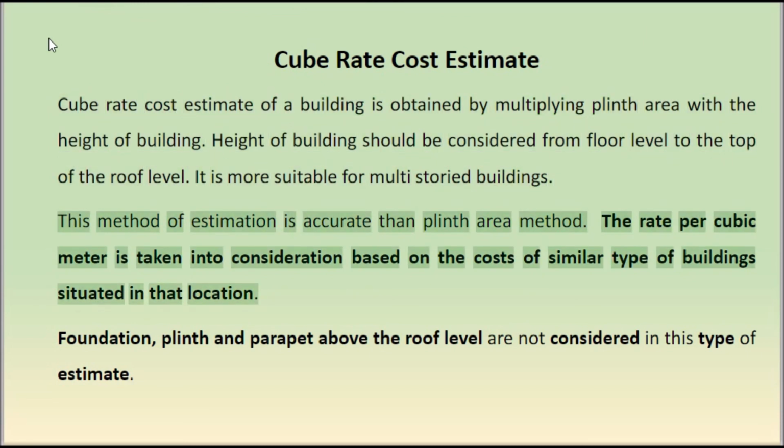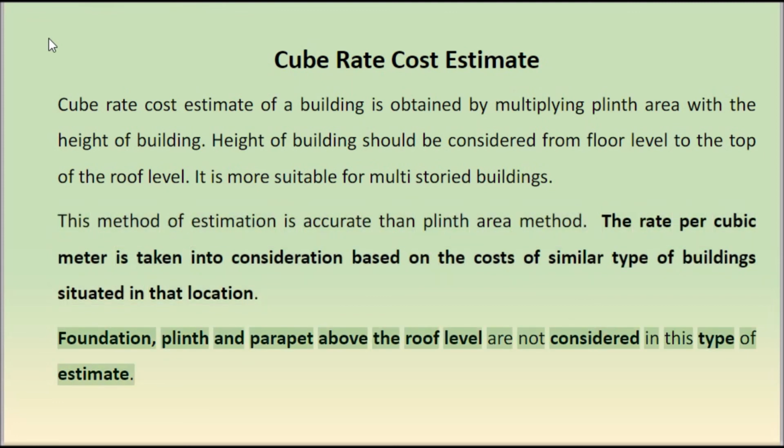This method of estimation is more accurate than plinth area method. The rate per cubic meter is taken into consideration based on the costs of similar type of buildings situated in that location. Foundation, plinth, and parapet above the roof level are not considered in this type of estimate.